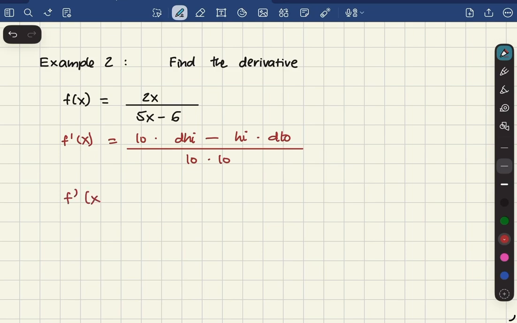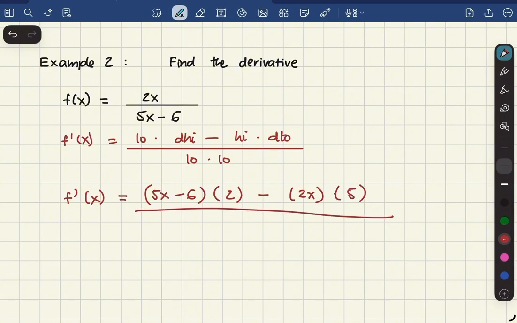So the derivative of f of x would be the lower function 5x minus 6 times the derivative of the higher function, which is 2, minus the higher function 2x times the derivative of the lower function, so 5, over low, the lower function squared, so that will be 5x minus 6 squared.